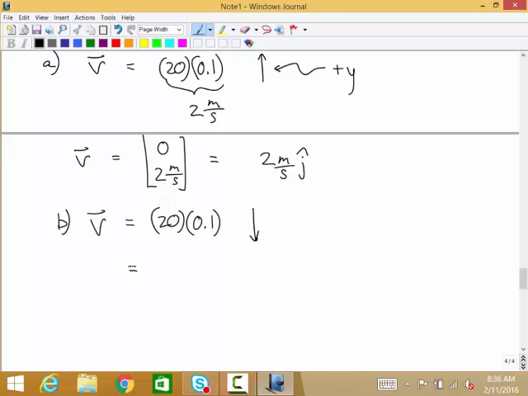So what do you get for components on this one? It's in the negative y direction, so you can think of that as 2 meters per second times 0, negative 2.